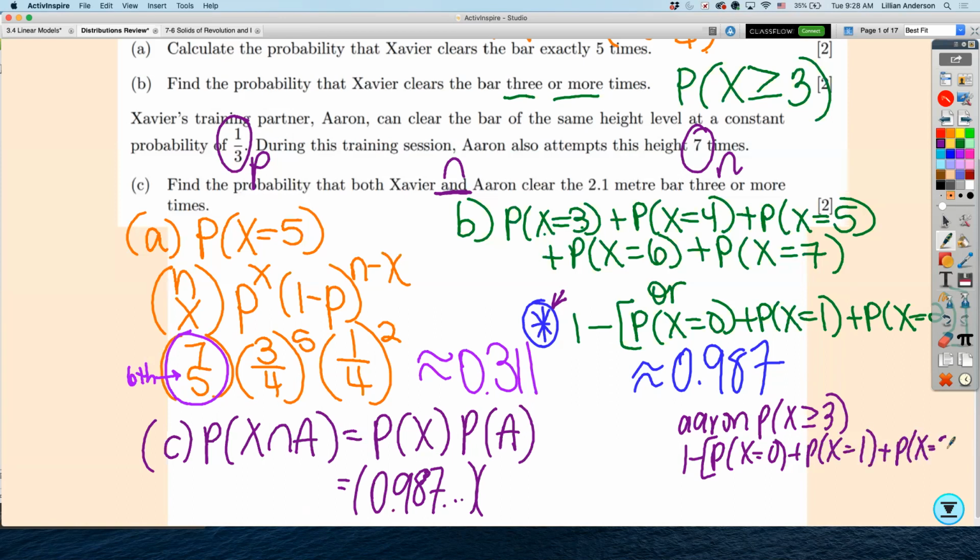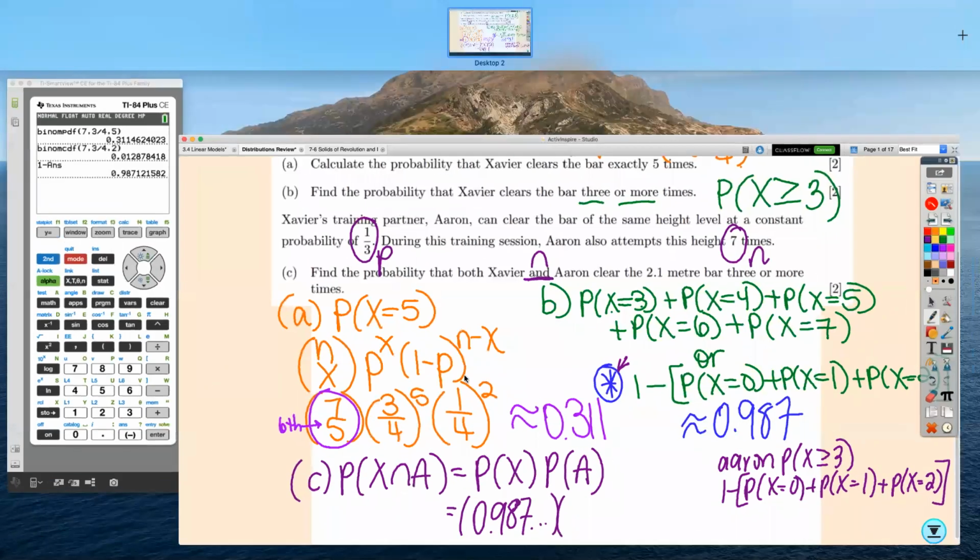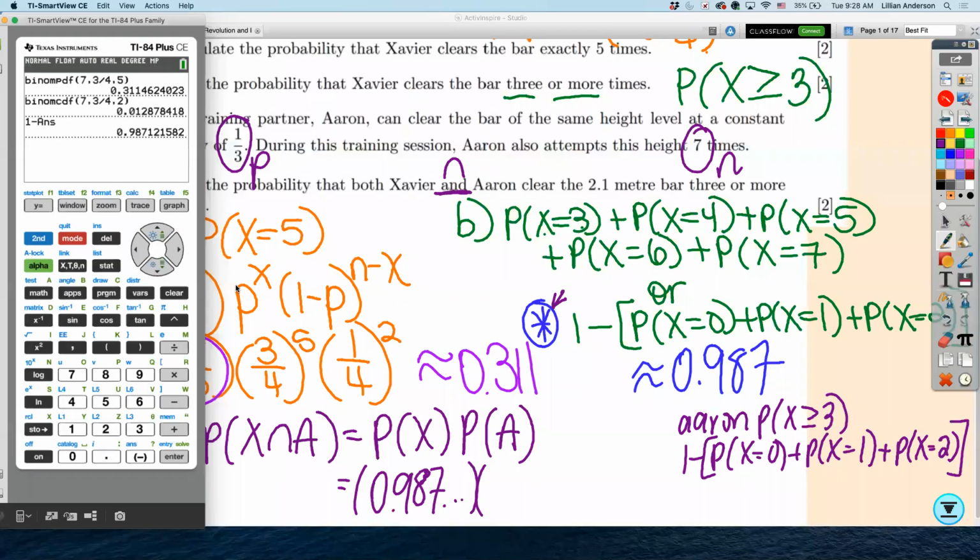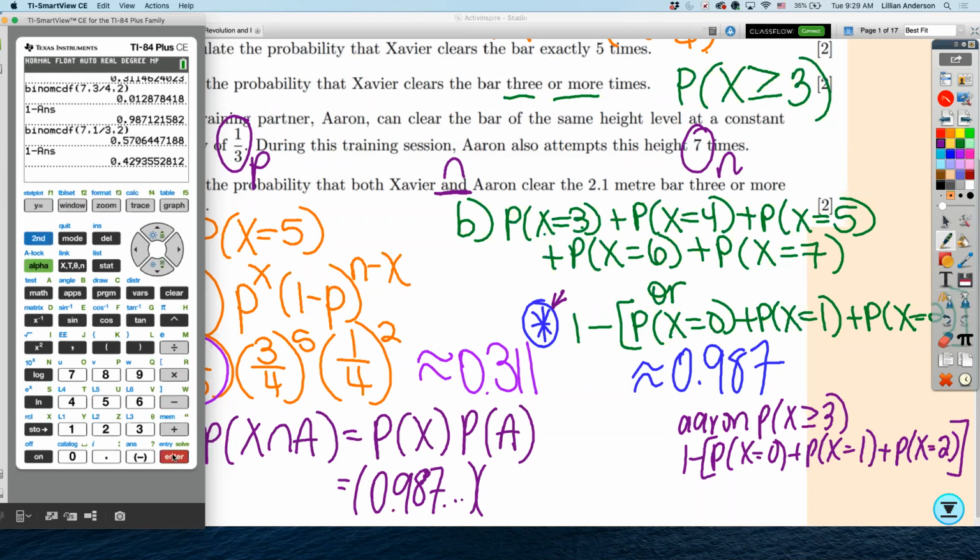I am going to use my calculator here. Then once I find that value, I'm just going to multiply it by Xavier's probability. So it's another binomial CDF, 7 trials, 1/3 this time, because remember Aaron was 1/3. X value is 2. But it is the complement, so I have to do 1 minus that number.